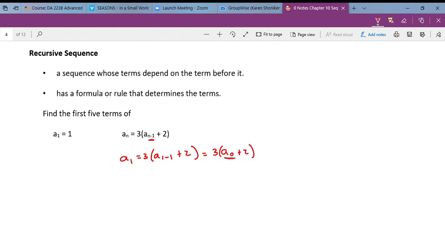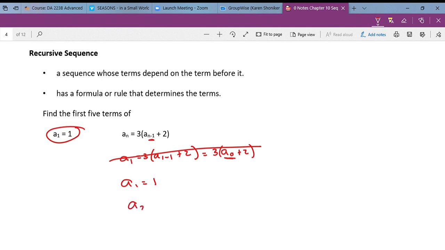You have this unknown. So what's going to happen is that they're actually going to give you the first term. They have to, because these are called recursive sequences, where every term is dependent on the term before. So you can't do it as we were doing all the other equations. Instead, what we would do is say, okay, I know a1 is 1.